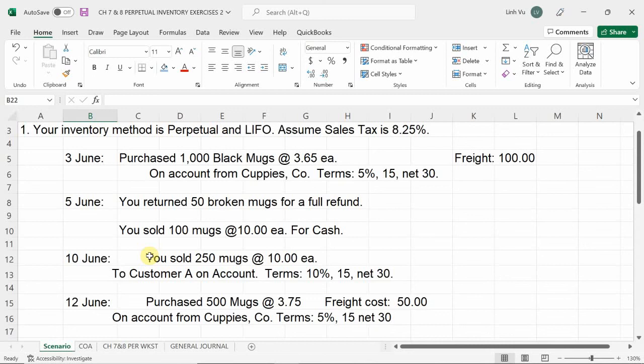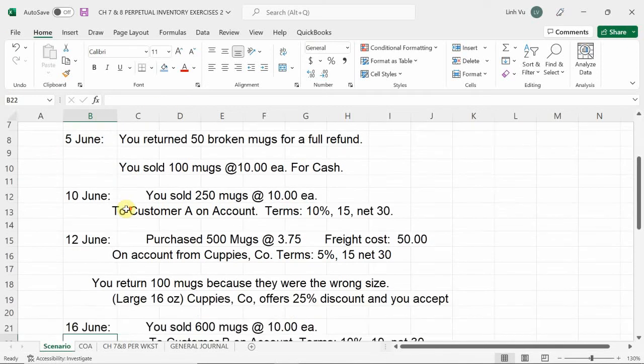Okay, yes, you met the terms. How did I make the terms? Net 30. Okay, we paid the bill, but did I make my discount due date? No, I missed it, right? Because in this case, I would have to pay it on the 18th to get that 5% discount. So this one, I just need to calculate what my total amount that I owe here, and that's it. And I pay for what I owe.